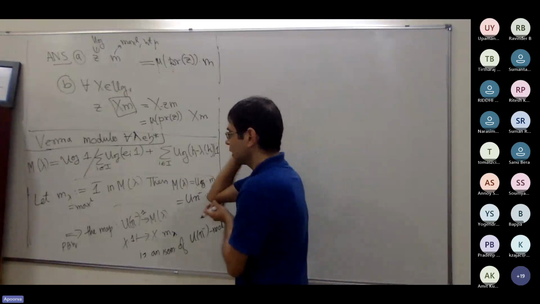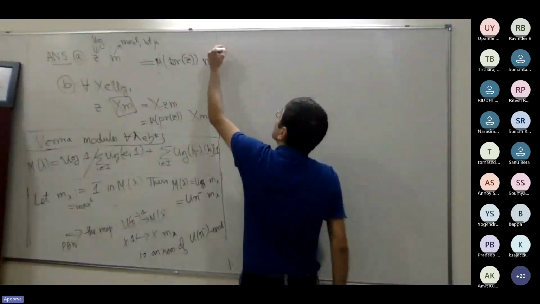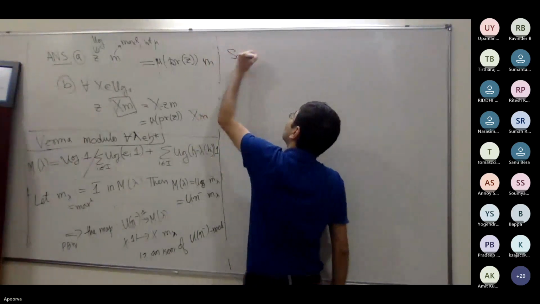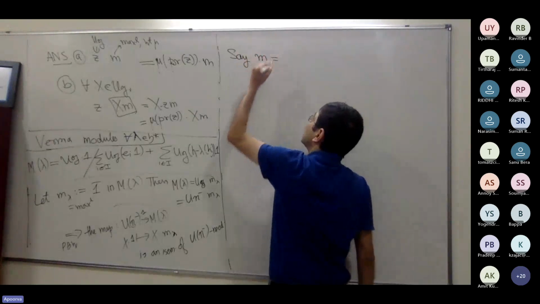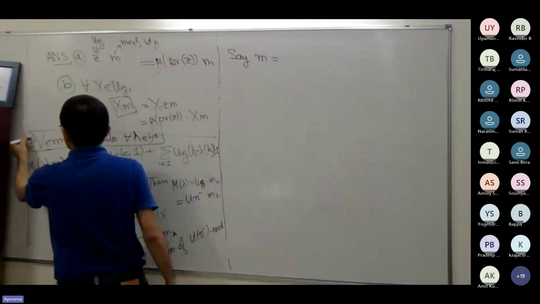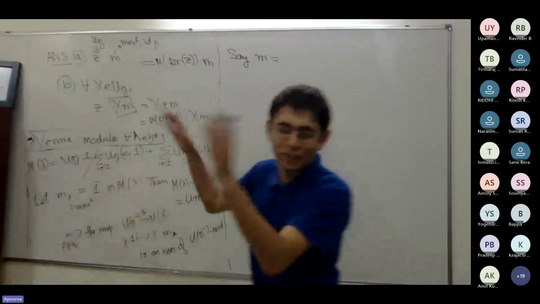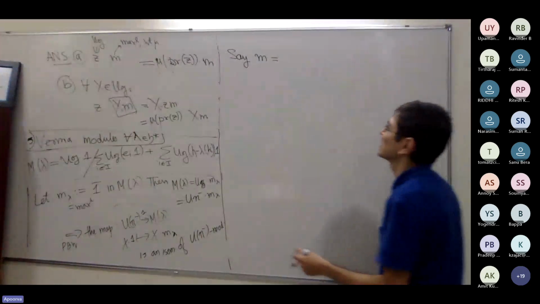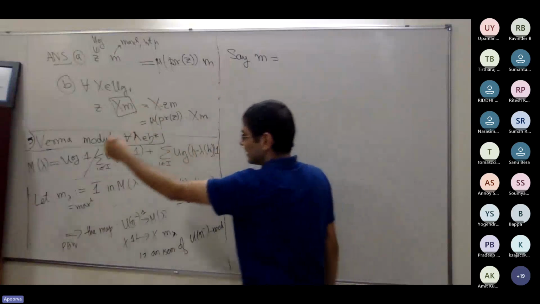So now let's say, this I think Ravinder also did. Say M, I should be maybe numbering these things. Let me call this number 5. You label 1 through 4, however you want.